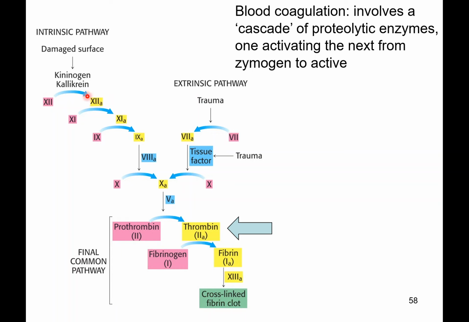Factor 12 here becomes factor 12A, it cleaves factor 11, and so forth. You get this cascade of cleaving, which eventually gets to prothrombin to thrombin, and fibrinogen to fibrin, which then does the cross-linking of fibrin clots.